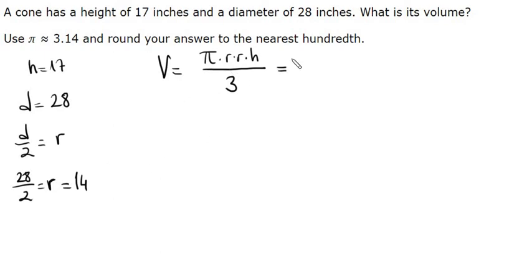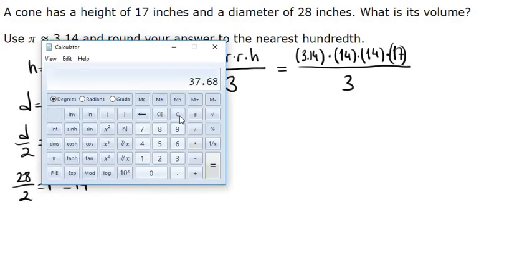So let's just continue calculating the volume of this cone. Pi is 3.14, times the radius, 14 squared, which is 14 times 14, and the height is 17, divided by 3.